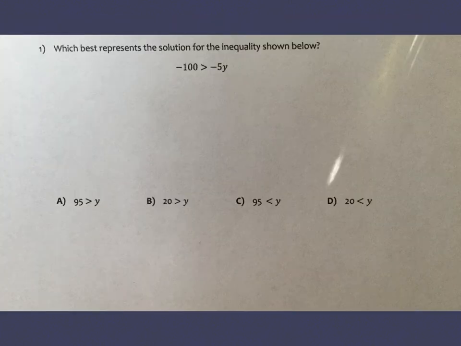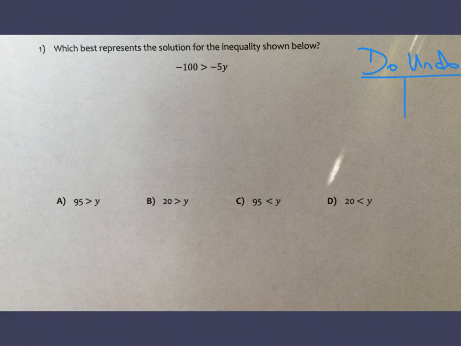In this problem, they want to know which best represents the solution for the inequality shown below. Well, once again, let's do a do-undo t-chart. What's happening to our inequality right now? I see negative 5y. What is that negative 5 doing to the y? And if you said multiply because negative 5 is a coefficient, you would be right.